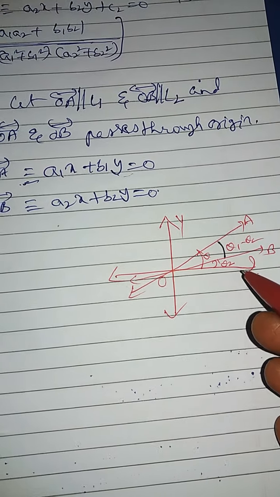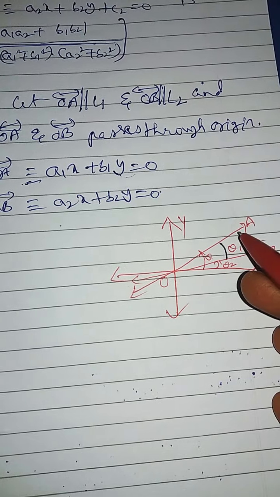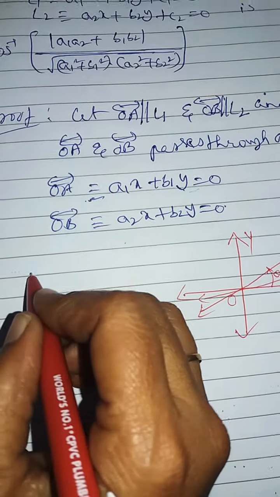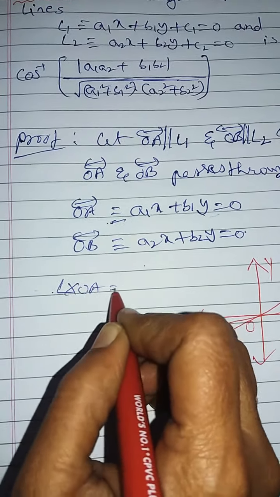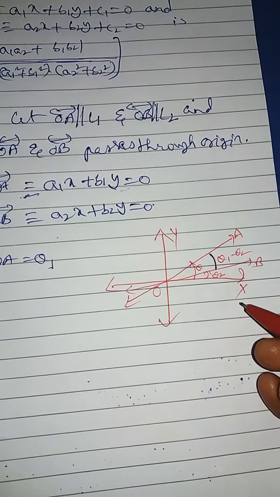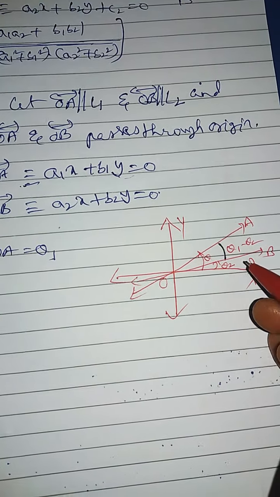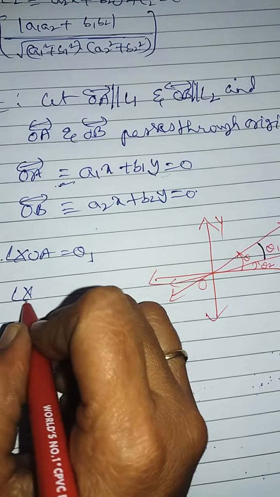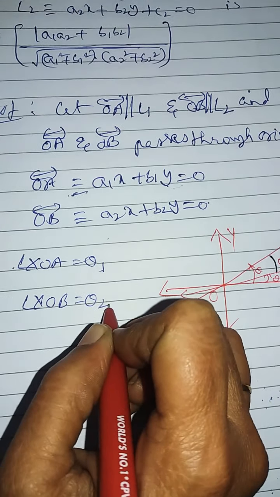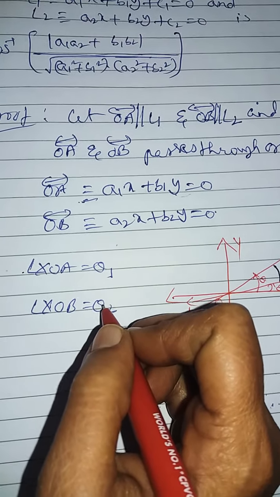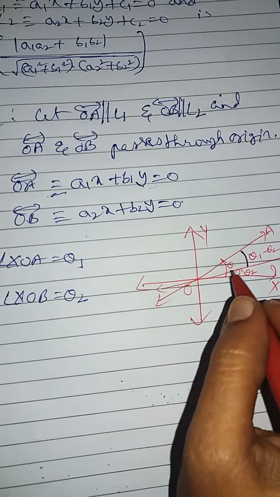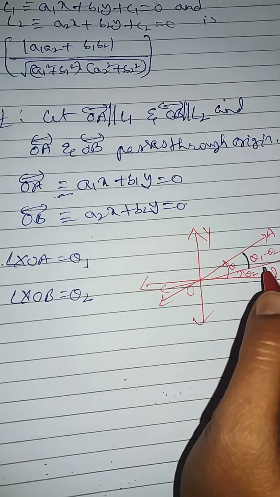So what is this? Angle XOA is equal to theta 1. Angle XOB is equal to theta 2. And what is theta 1 minus theta 2?